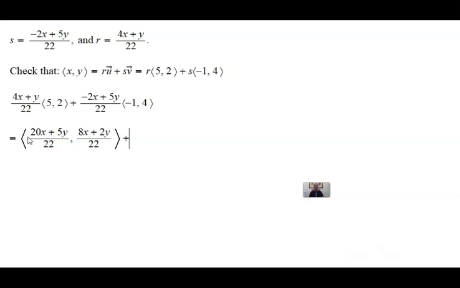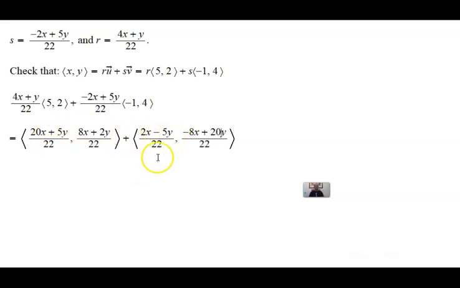Now for the second vector, we multiply (-1, 4) by the scalar (-2x plus 5y). When we multiply by negative 1, we get positive 2x minus 5y. And when we multiply by 4, we get negative 8x plus 20y.